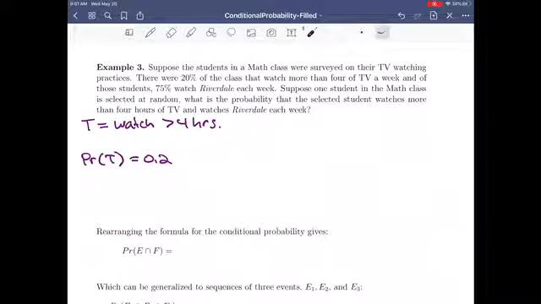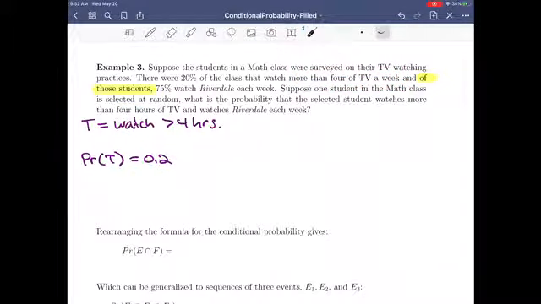Okay. So here, this is an interesting statement. Of those students, so that we need to be careful of. So it says, of those students, 75% watch Riverdale. So the 75% is coming from the students that watch more than 4 hours of TV.